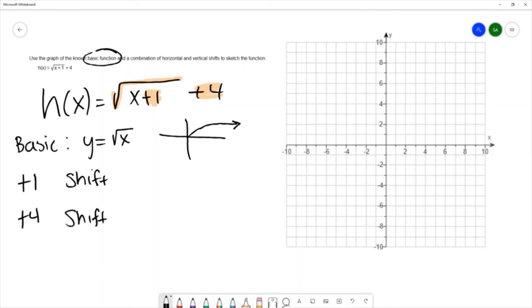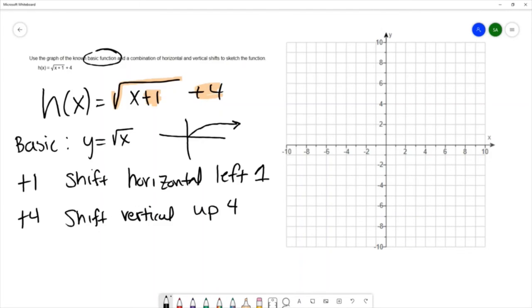The plus 1 is inside the radical, so that is a horizontal shift, and the plus 4 is outside of the radical, so that's a vertical shift. Horizontal could be either left or right. Because this is a plus 1, it's going to move to the left 1. A vertical shift is either up or down, and because this is a plus 4, I'm going to go up 4 with my graph.